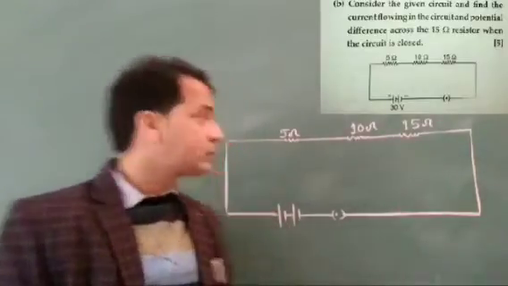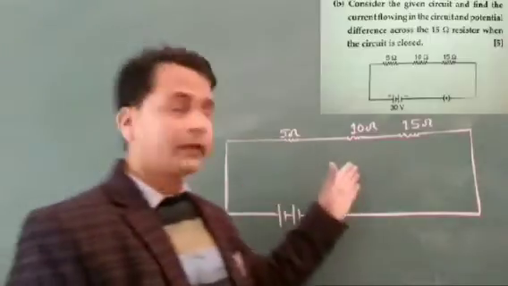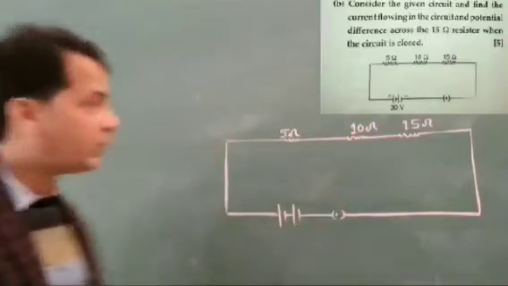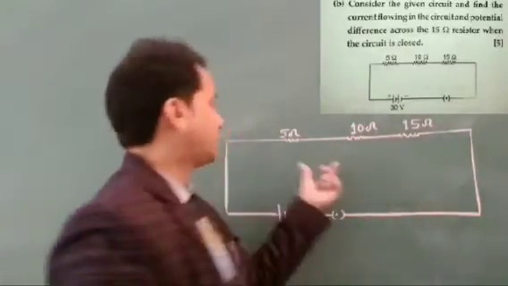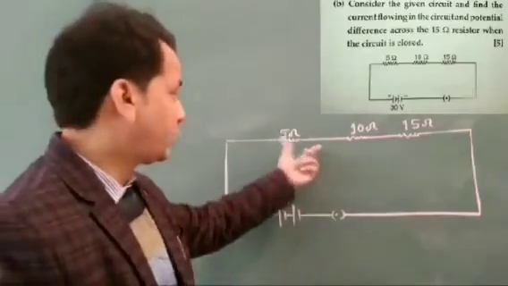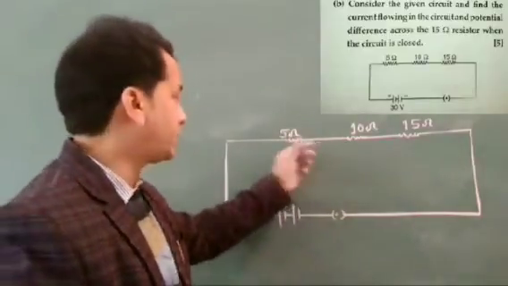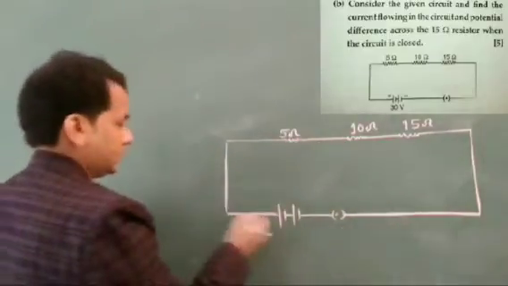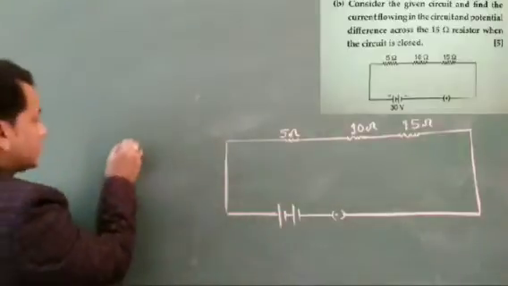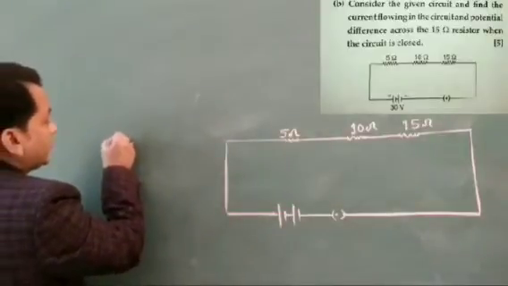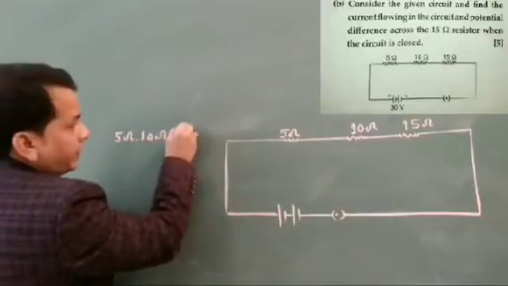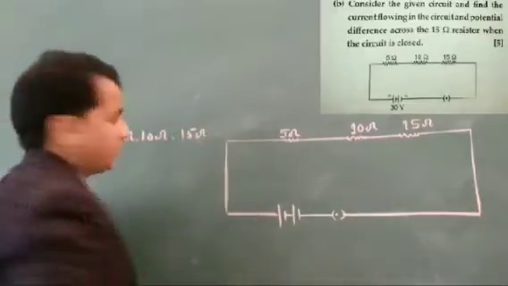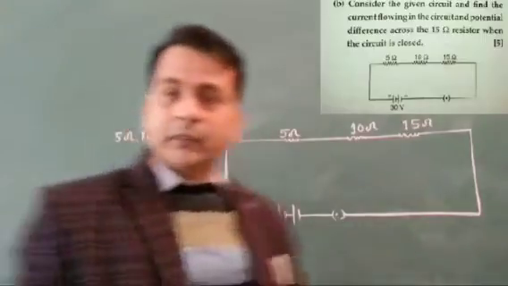That is, the equivalent resistance in this circuit is equal to R1 plus R2 plus R3. According to this question, the resistors are 5 ohms, 10 ohms and 15 ohms, connected in series combination.